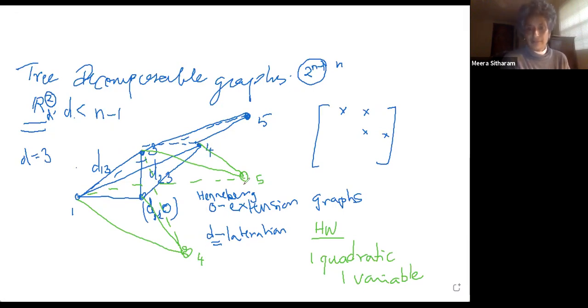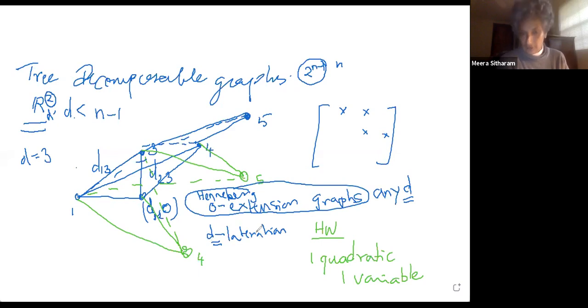So this idea of Henneberg zero extension graphs is a general definition for any D, except that as the dimension grows, the number of edges that are needed to place the new point increases by 1. And correspondingly, the dilateration graph has 1 more distance than is needed for the Henneberg zero extension graphs.